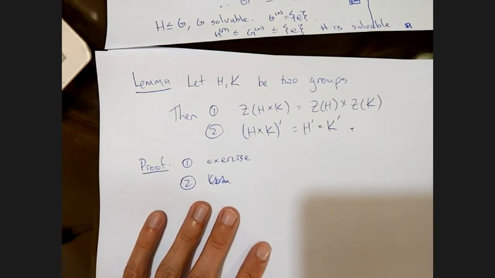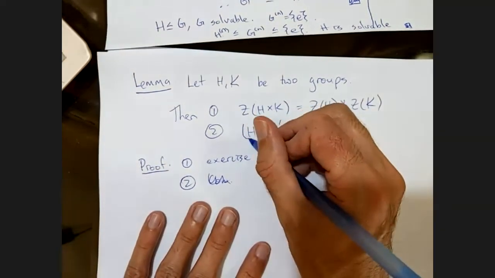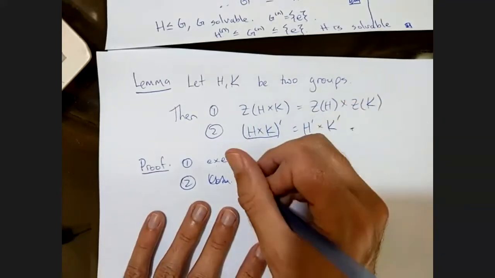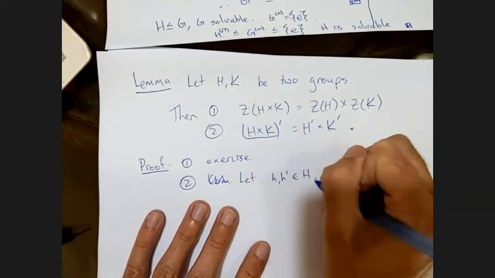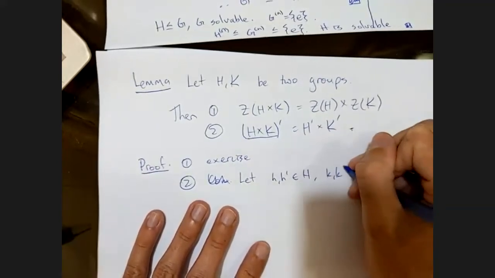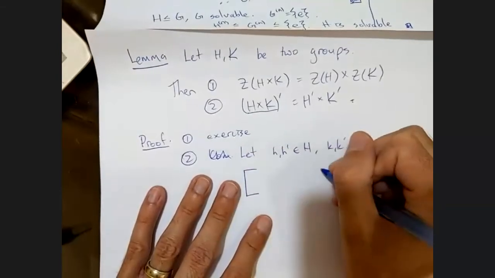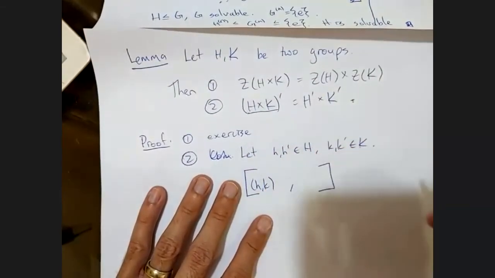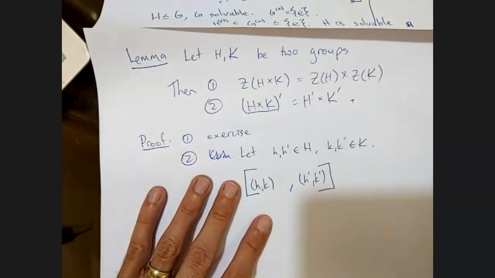So what should we do? Well, maybe let's compute the commutator of some elements of H cross K. Let's do the commutator of (h, k) with (h', k').